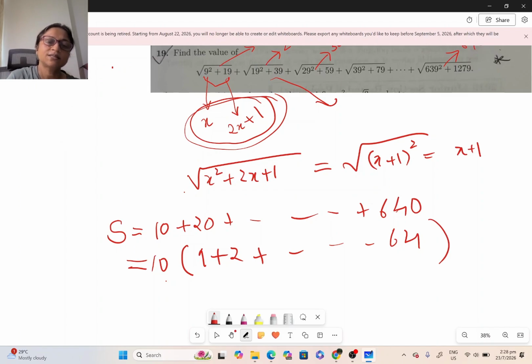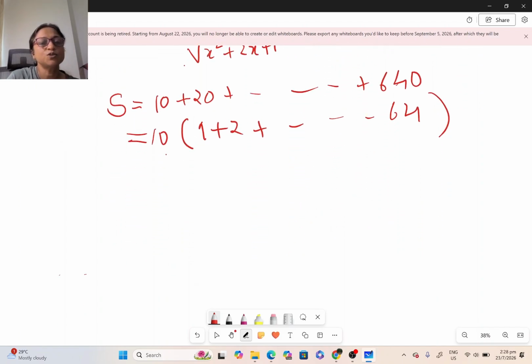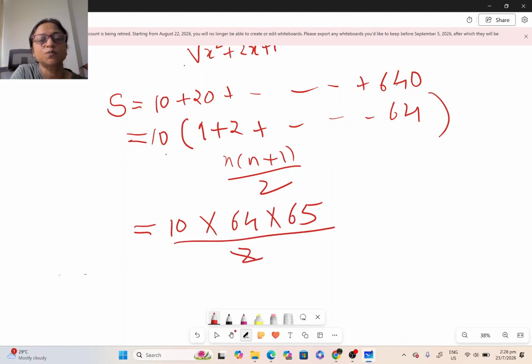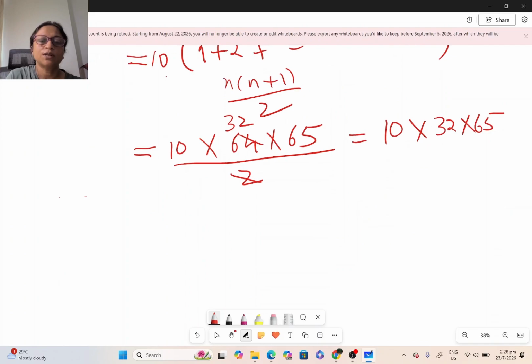Now this, as discussed in yesterday's video also, is just a normal, regular, natural number arithmetic progression, and you can directly use the formula n into n plus 1 by 2. That's the sum of n natural numbers. So it becomes 10 into 64 times 65 by 2. That makes it 10 times 32 times 65. All right, so that'll be your answer.